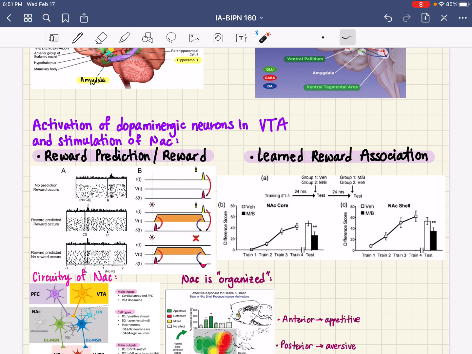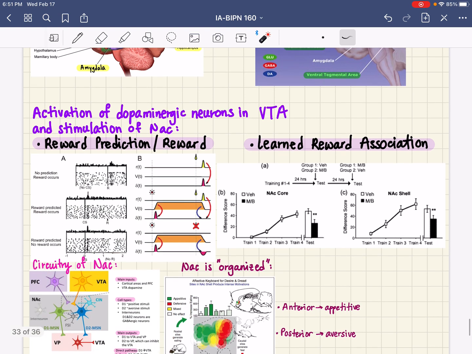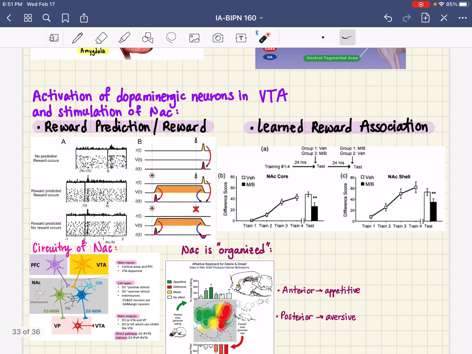There are two types of activities the VTA is involved in, and those two are reward prediction and learned reward association. And so let's go over each one of these.